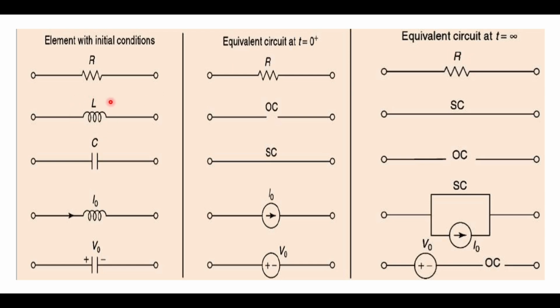In case of an inductor, if it has no initial current, it behaves as an open circuit at the initial instant, and after a certain period of time it will behave as a short circuit. Similarly, the capacitor initially behaves as a short circuit when no voltage is applied, and after a certain period of time, after applying the voltage, it will behave as an open circuit.